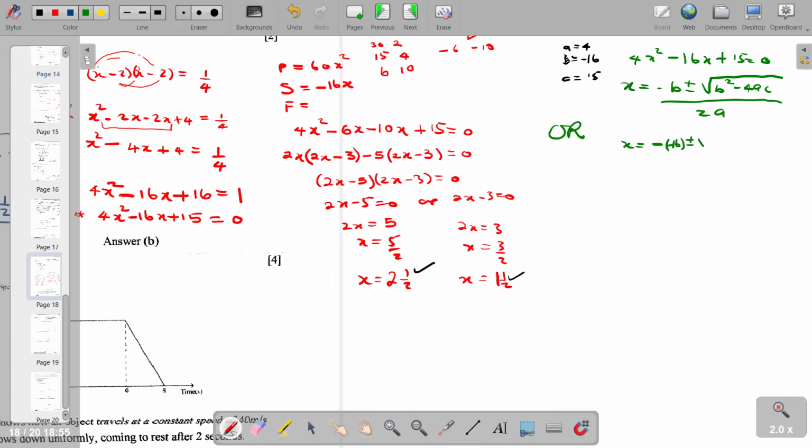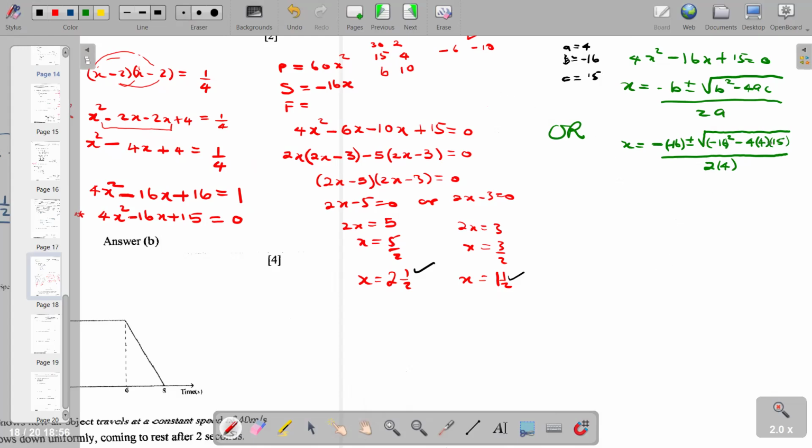Plus or minus the square root of minus 16 squared minus 4a, which is 4, c is 15, all over 2 times a, which is 4. Simplifying that, you would realize that 16 squared, remember we are not allowed to use a calculator, is going to give you 256.